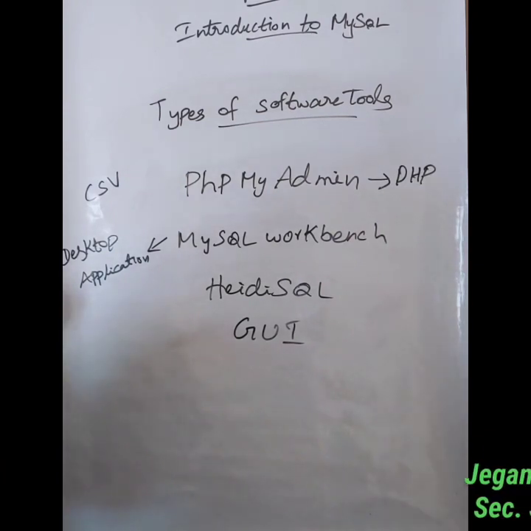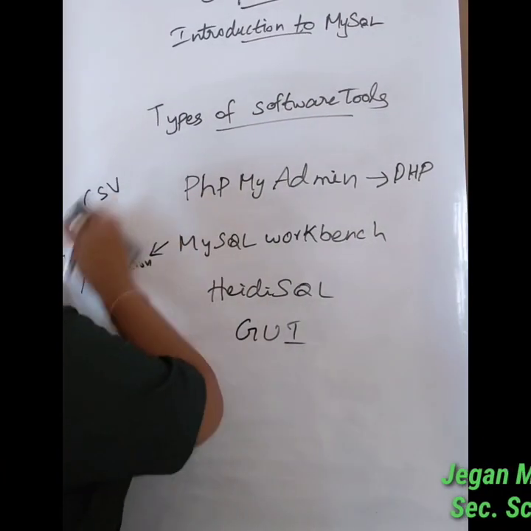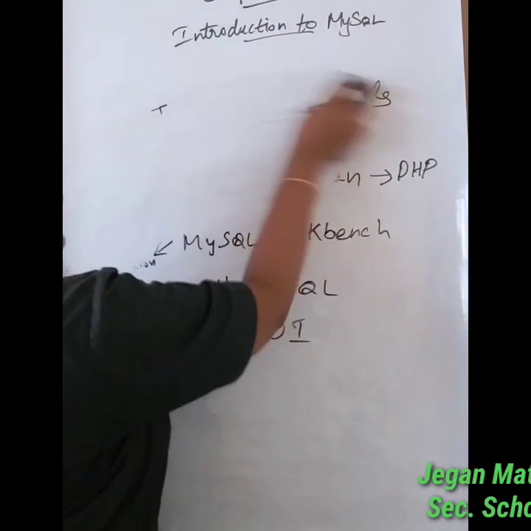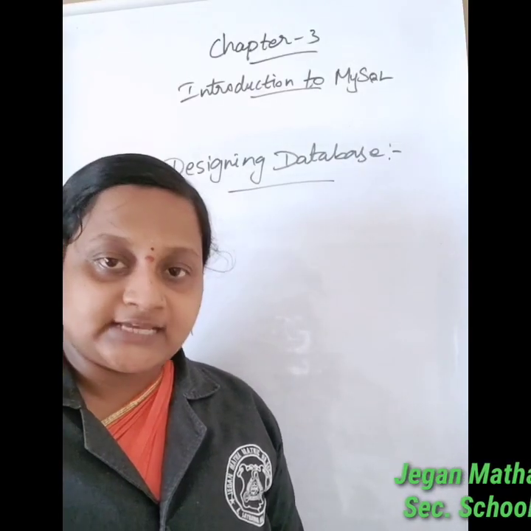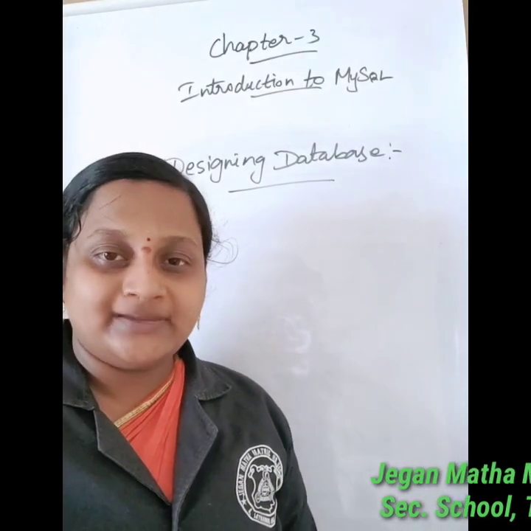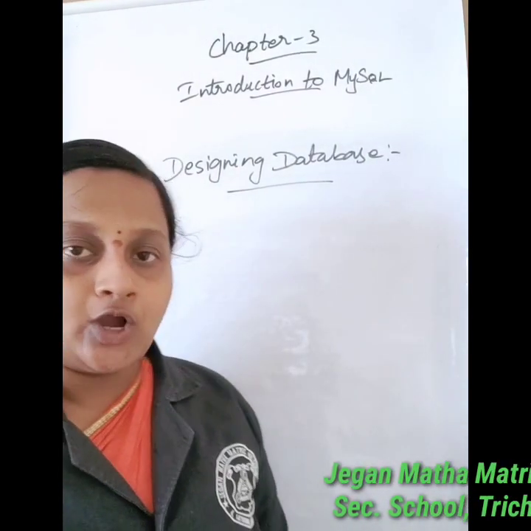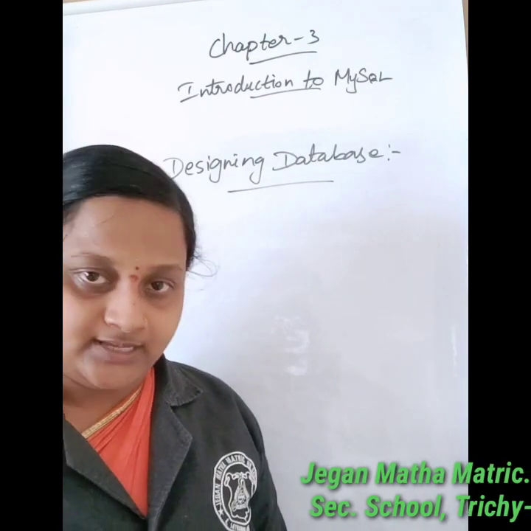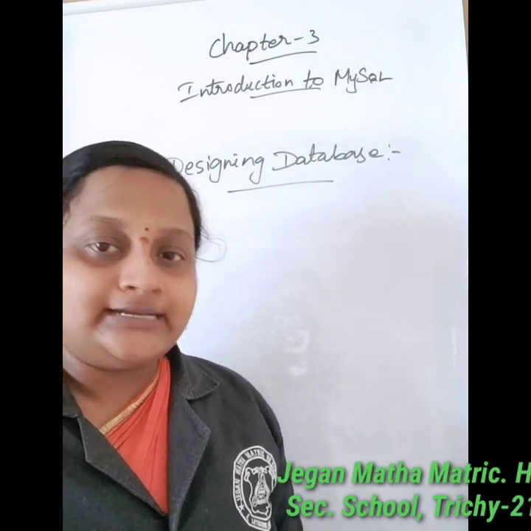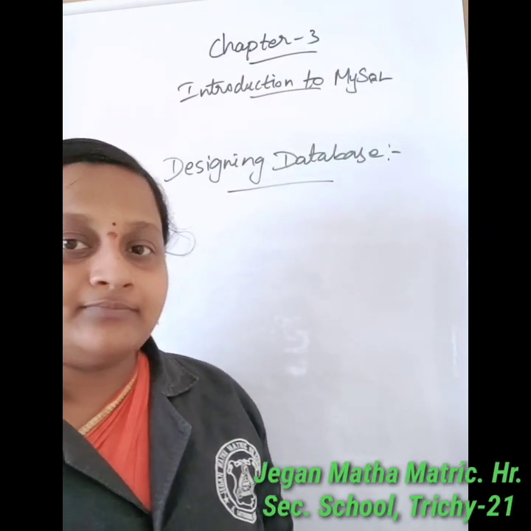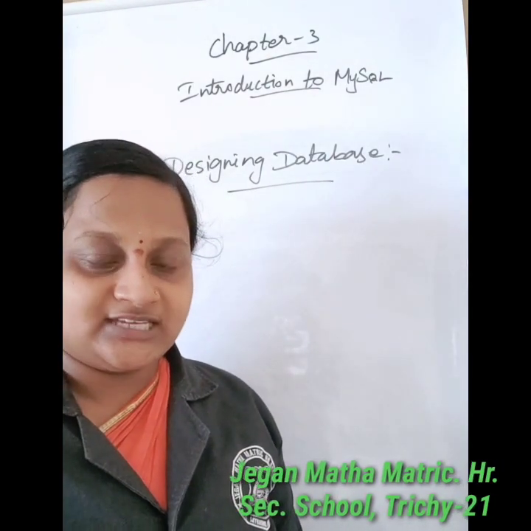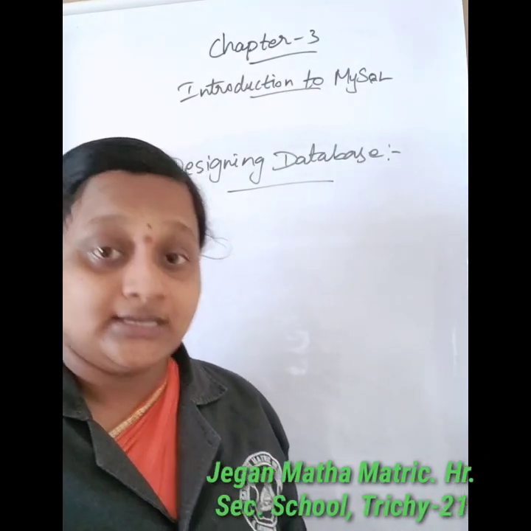Now next we are going to start with designing a database. The process of creating, implementing and maintaining the data in a system is called designing a database. To design a database we need some good database application software.